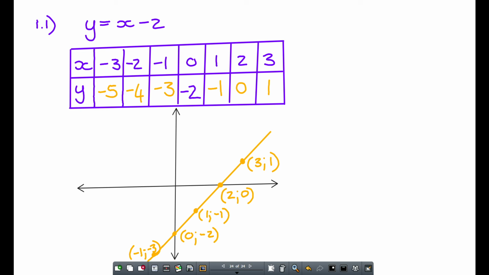Okay, what I did not fill in is this is the x-axis and that is the y-axis. Okay? Any questions there? Can I skip?